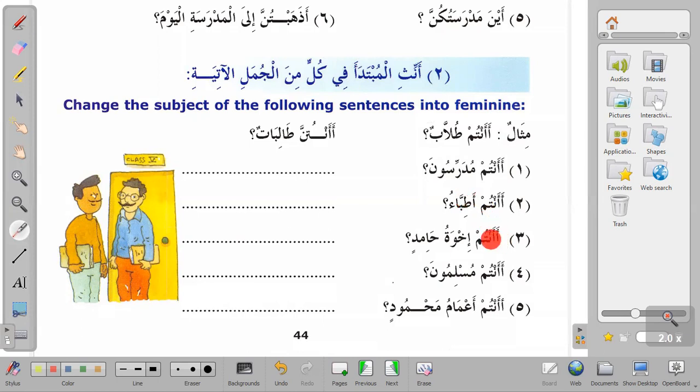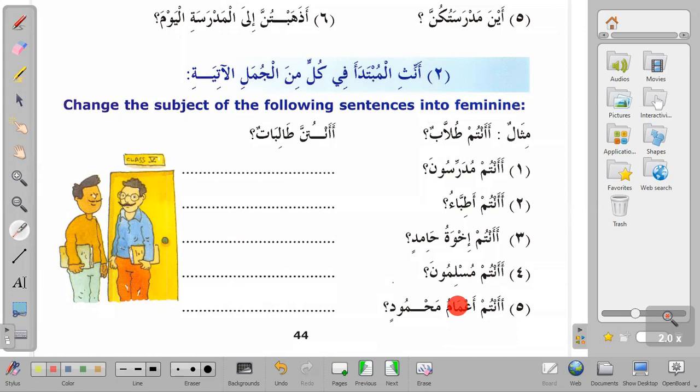Antum ikhwatu Hamidin. So here, antunna akhawatu Hamidin. Antum muslimuna, antunna muslimatun. Antum a'mamu Mahmudin, antunna ammatun Mahmudin. This one, the feminine will be ammatun, from ammun, your uncle.